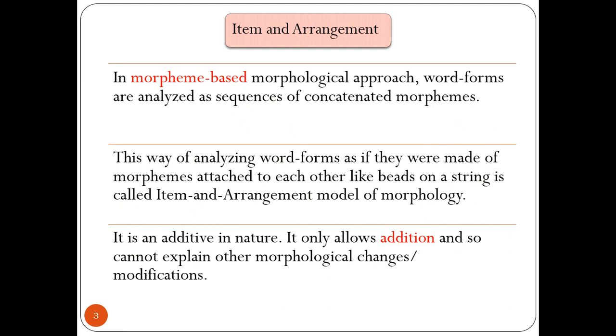Item and arrangement, what we call the IA approach. It is basically a morpheme based morphological approach, where word forms are analyzed as sequences of concatenated morphemes.